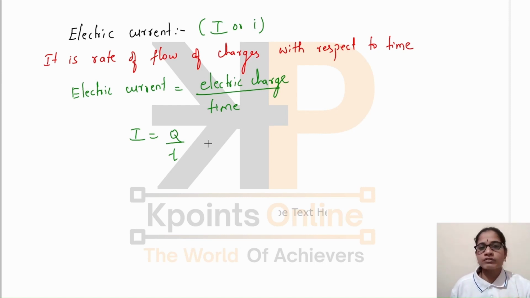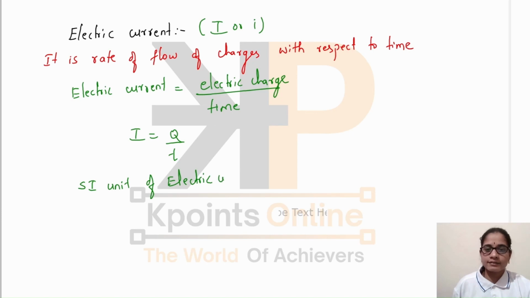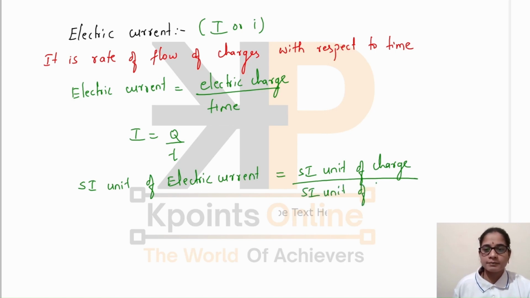What is the SI unit of this electric current? Let's see here. SI unit of electric current is equal to SI unit of charge by SI unit of time. So SI unit of charge is coulomb. SI unit of time is second.